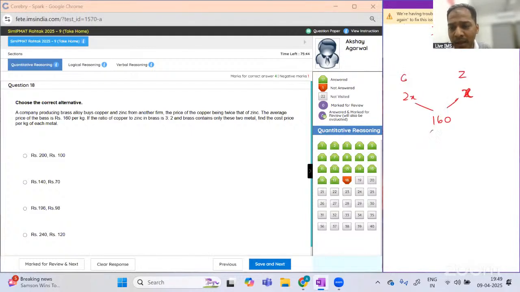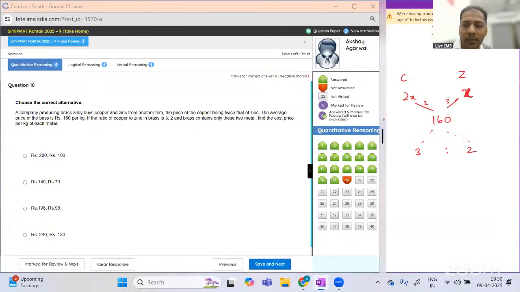I apply alligation, and they are mixed in a ratio. The ratio of copper to zinc in brass is 3:2. So therefore, this distance would be 2:3.